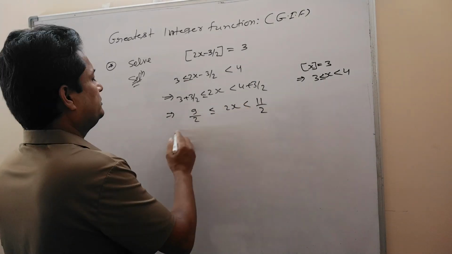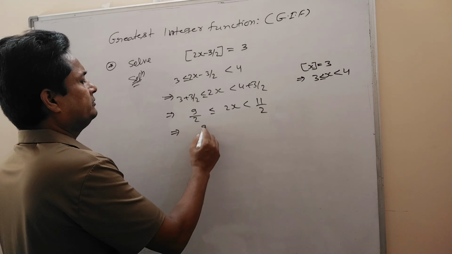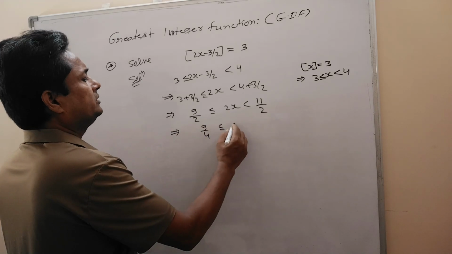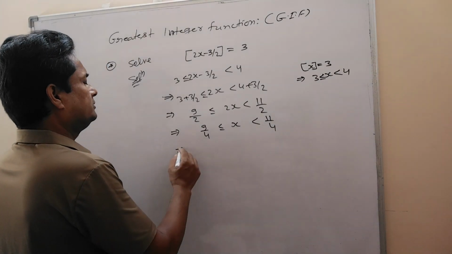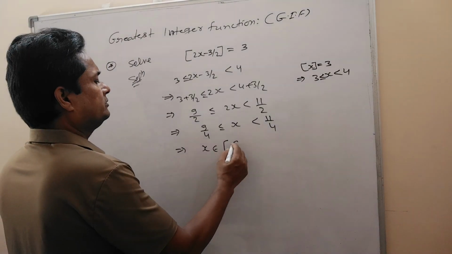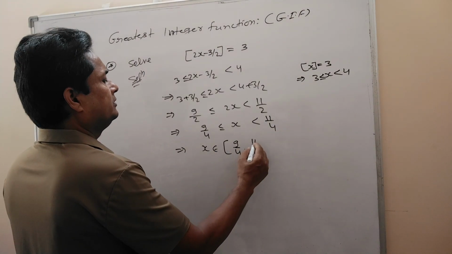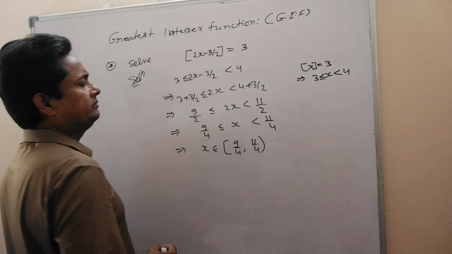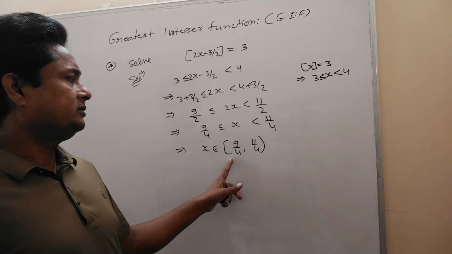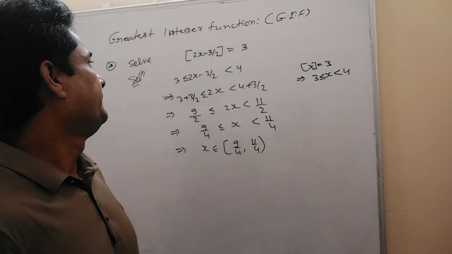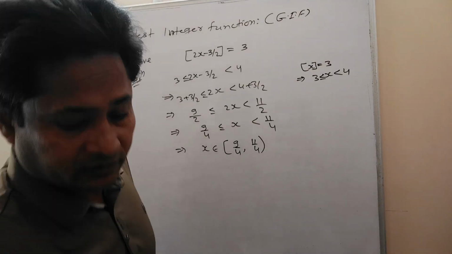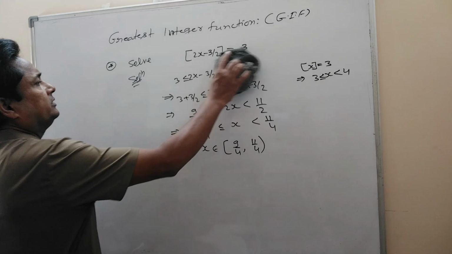Now divide by 2 on both sides, so it will be 9/4 less than or equal to x and less than 11/4. So this is our answer. X belongs to [9/4, 11/4). Closed bracket at this point, open bracket at this point. So this is our answer. Now next one, let's solve.